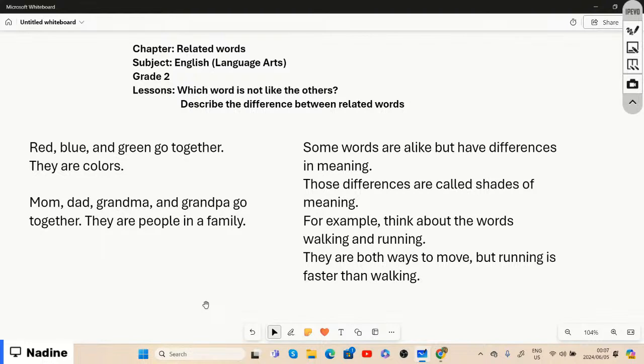Those are related words. And some of those differences in meanings that I just mentioned, those differences in meanings we call shades of meaning.